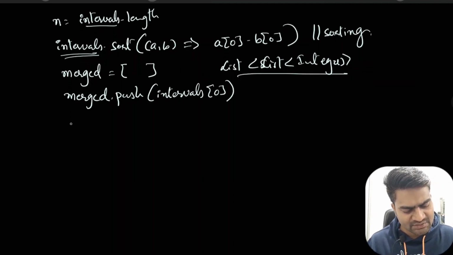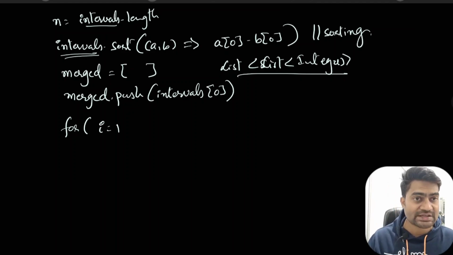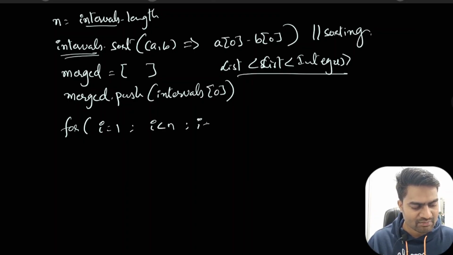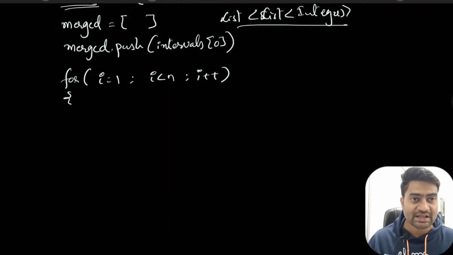Next I will use the for loop. I will start from the first index, because I have already used the first value from the intervals and pushed it to my answer, basically the merged array. So i equal to 1, i less than n, i plus plus. Then I will check the top element from the merged array.